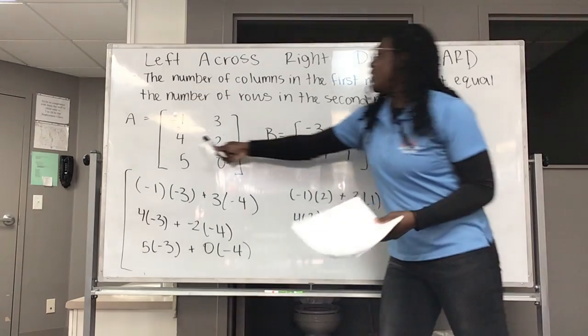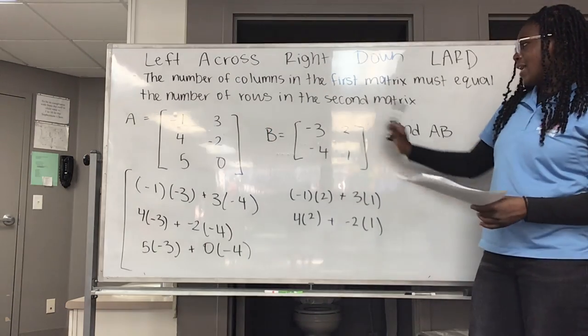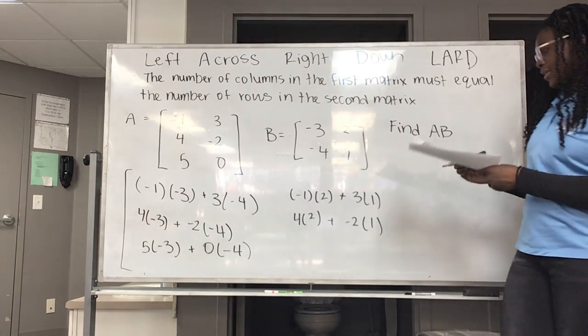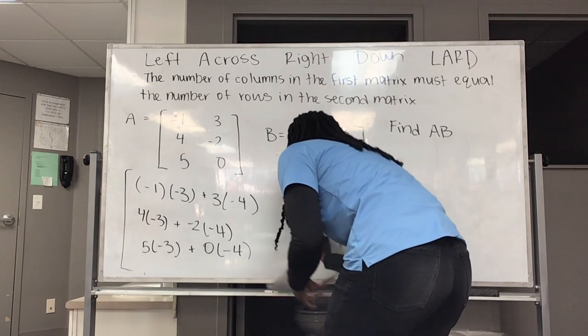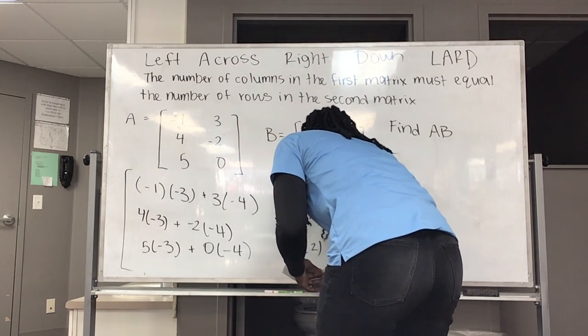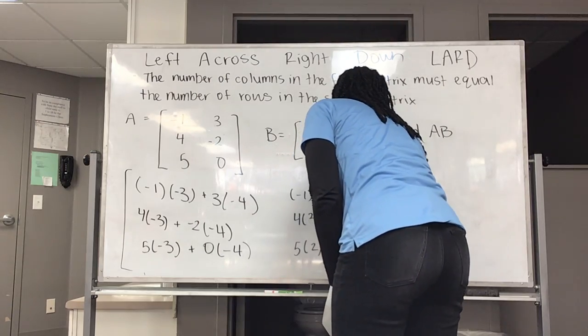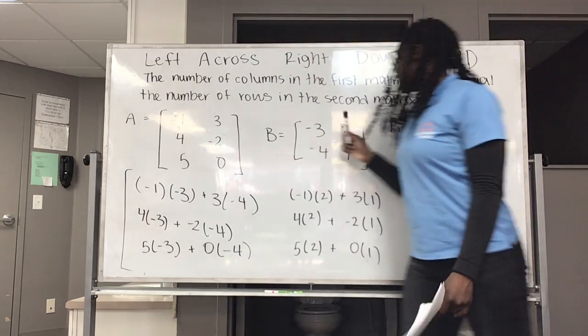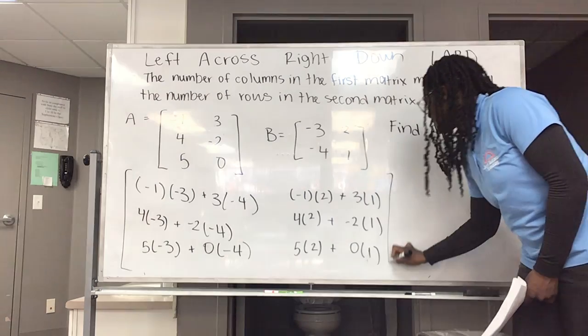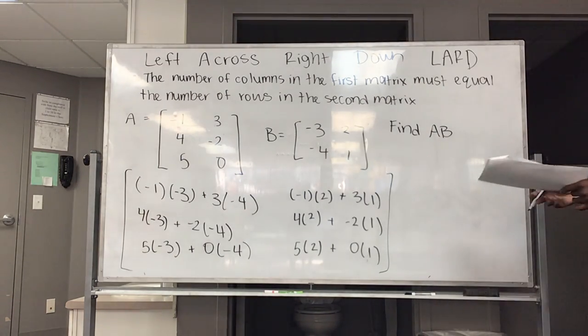So my second one is 4 times 2, and then -2 times 1, moving down. And then 5 times 2, 0 times 1. So that should be the correct matrix.